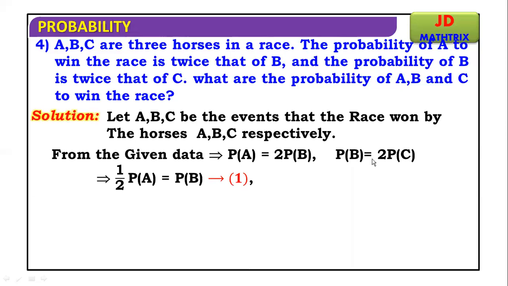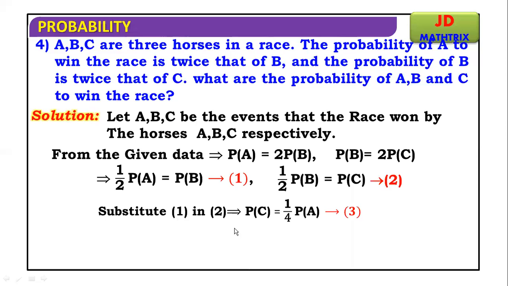Again, P of C is equal to 1 by 2 into P of B. Now substitute the value of P of B from equation 1. We get P of C is equal to 1 by 2 into 1 by 2 P of A, that is equal to 1 by 4 into P of A.